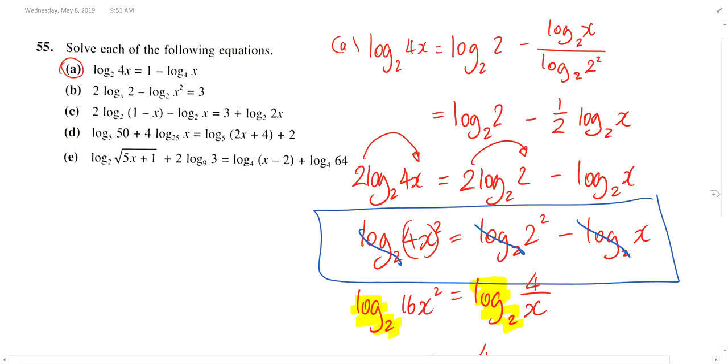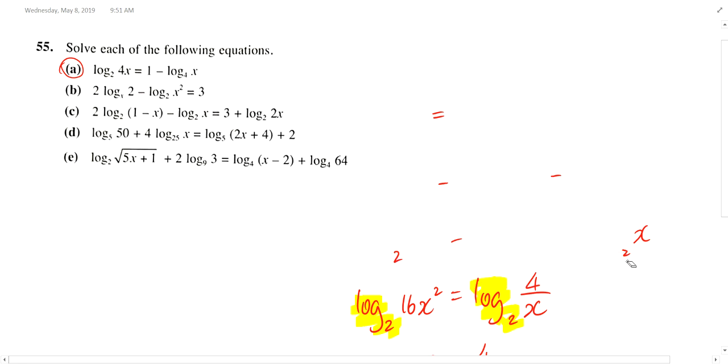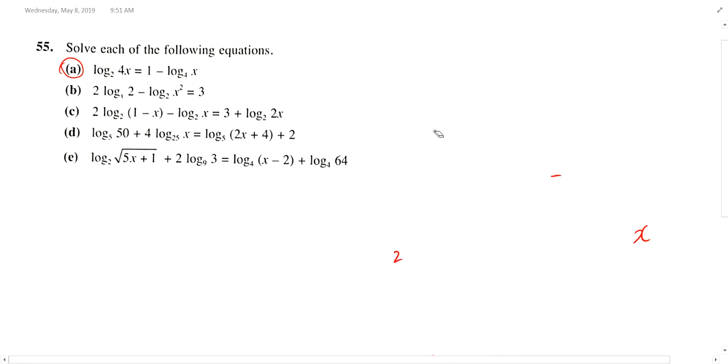Part B. Okay, again I need help. Daniel, come help me again. Two.